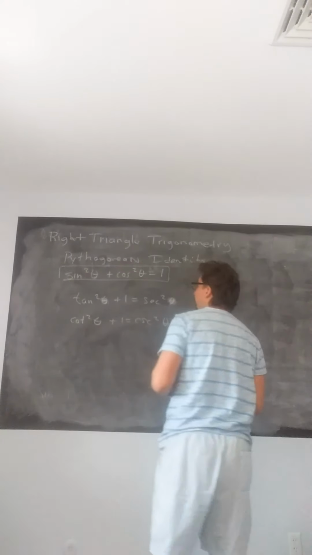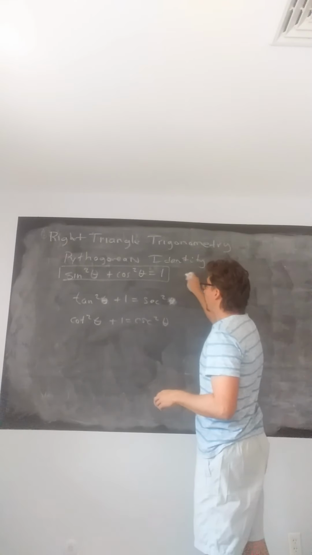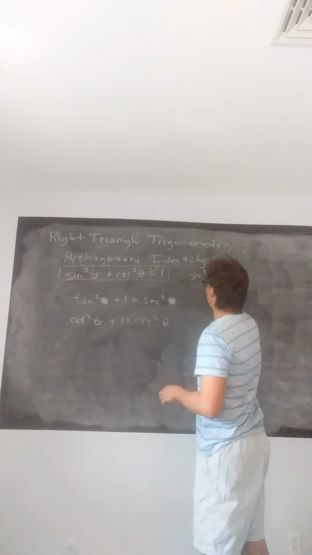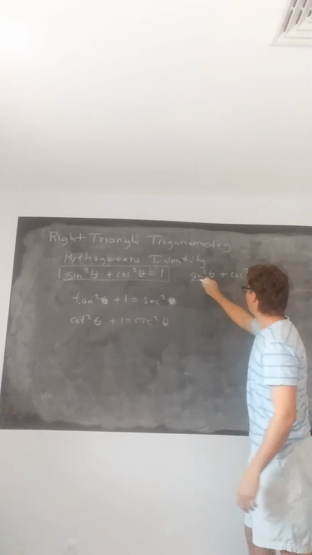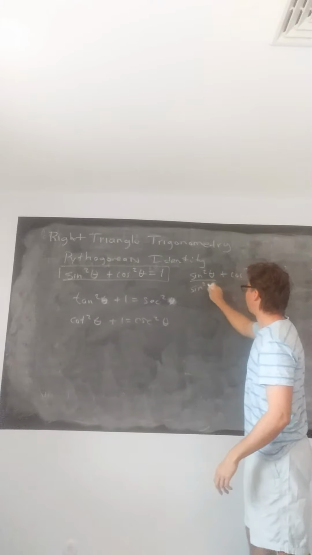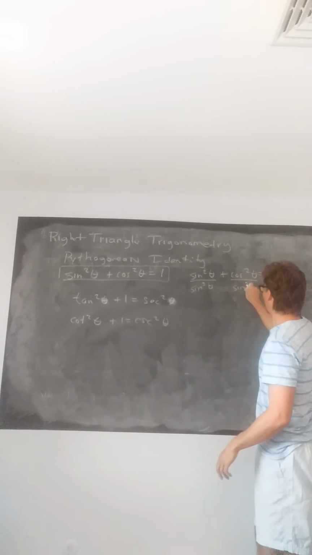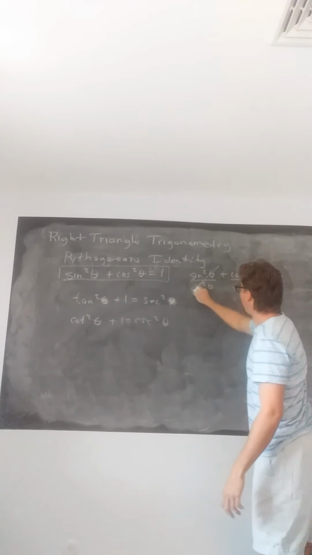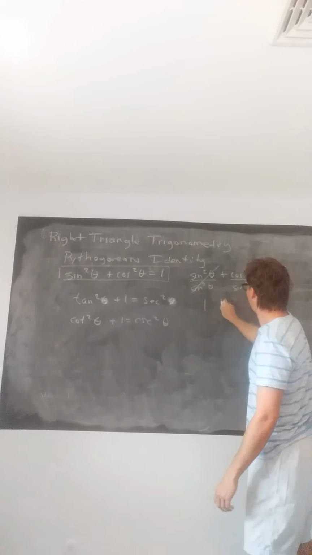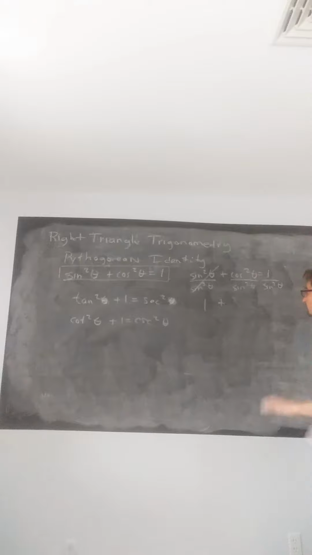Well, I'll show you. So if we start off with sine squared theta plus cosine squared theta equals 1, what if we divide everything by sine squared theta? So that'll cancel out to give you 1. Now, cosine over sine.